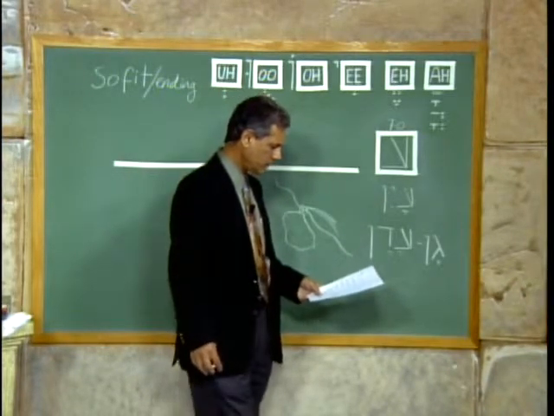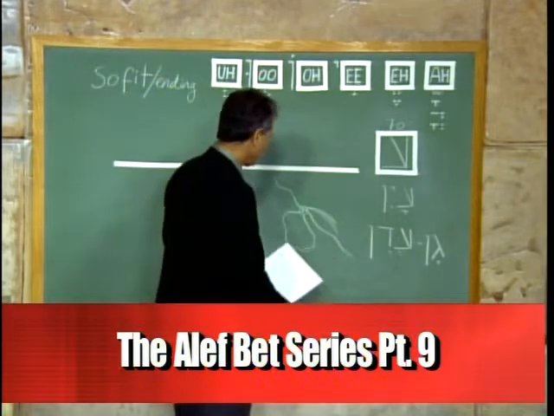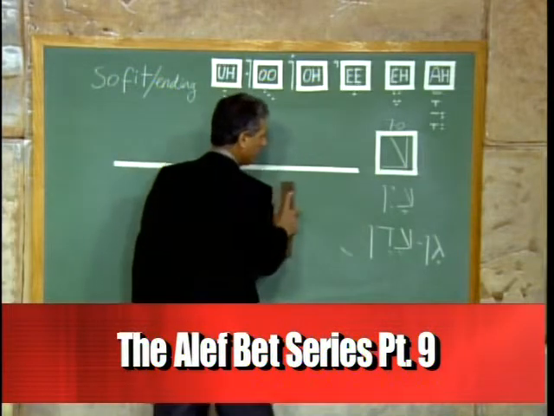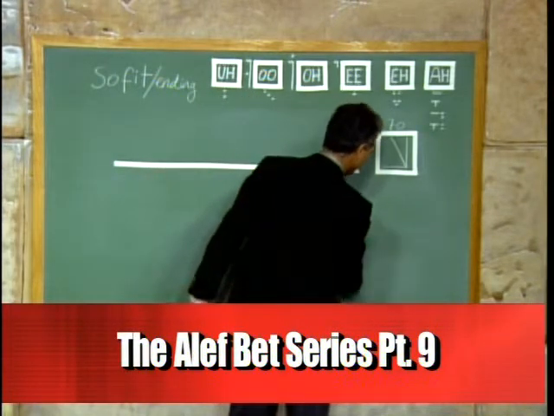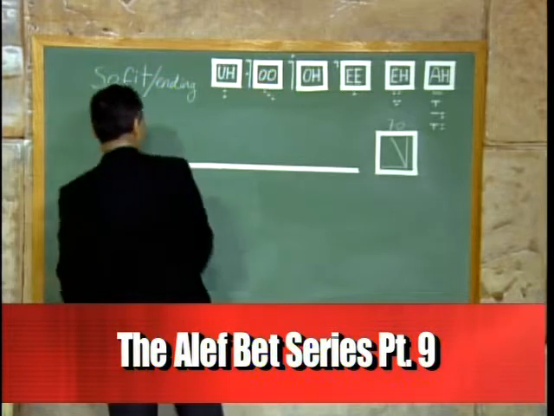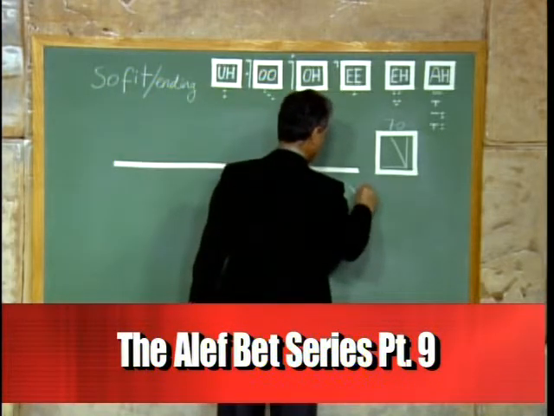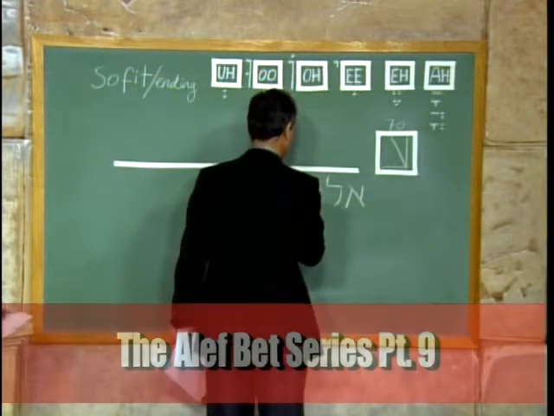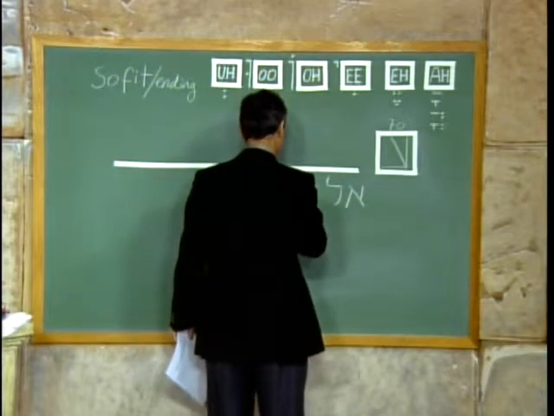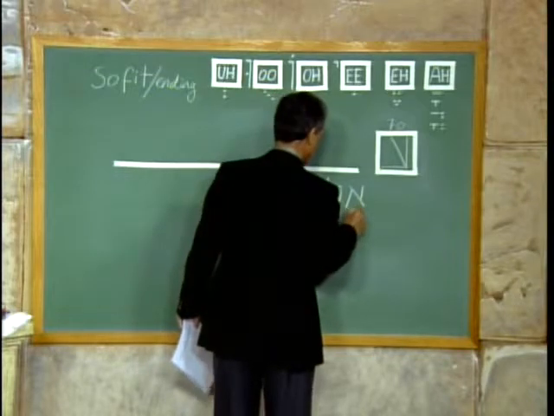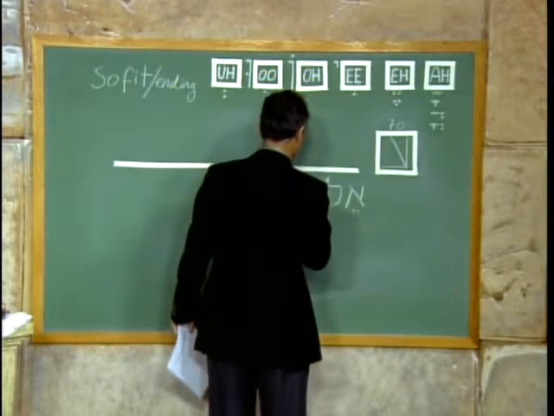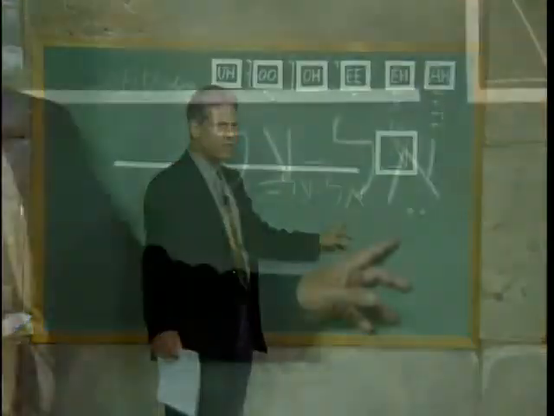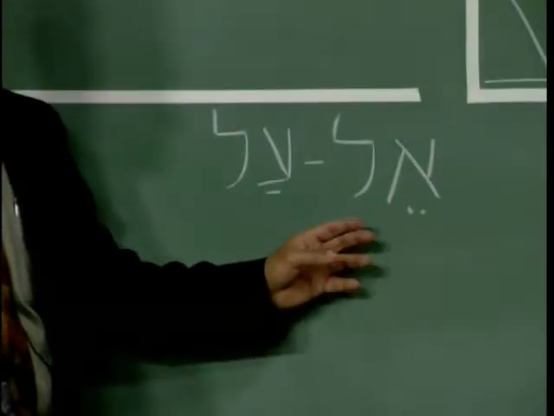How about this one? I'm sure a lot of people will recognize the word I'm about to write here. Actually, two words. Here is an Aleph with an A sound and a Lamed.